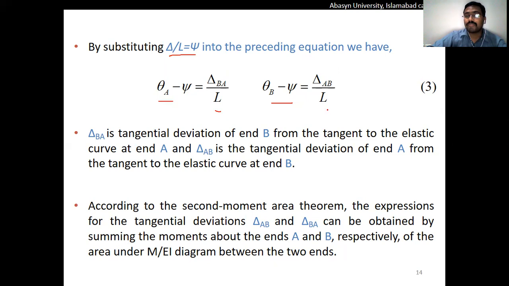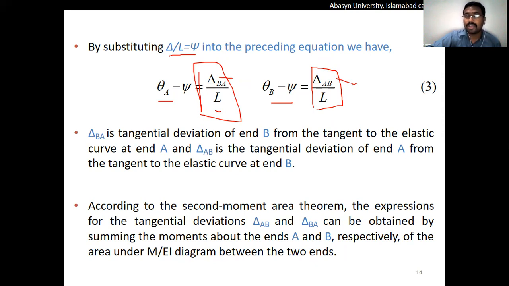Now, the right hand side of both these equations is the same, so we can indirectly compare these equations for our simplicity. But no, we cannot compare them, because here the deformation is delta BA and the other deformation is delta AB.